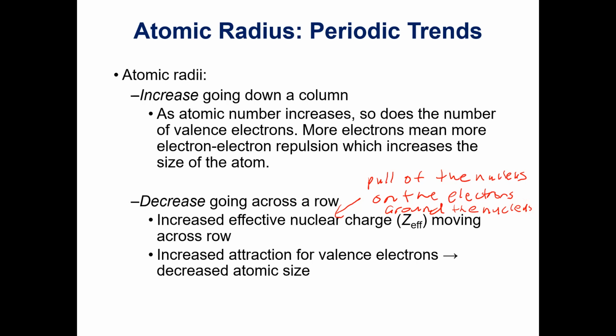So we're not going to get into the formal definitions and the formula, but the gist of it is how strongly the nucleus is pulling on the electrons, specifically the protons in the nucleus are pulling on the electrons. So as we go across a row, we increase that effective nuclear charge, which means we increase the attraction for the valence electron. So those get pulled in more closely to the nucleus, which means that we have a decreased atomic size.